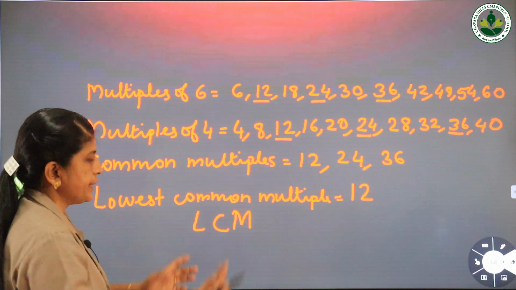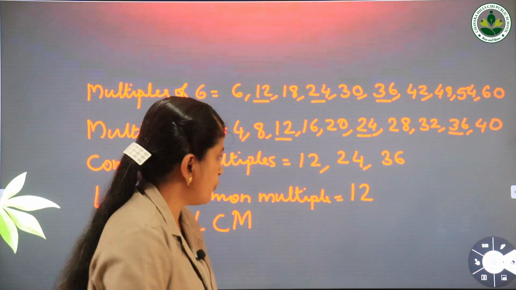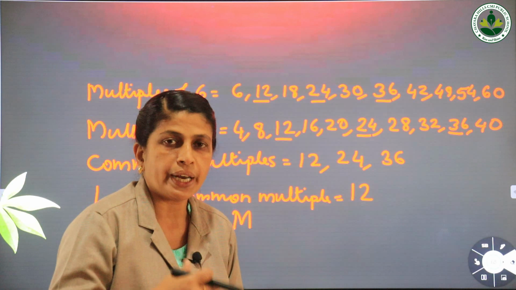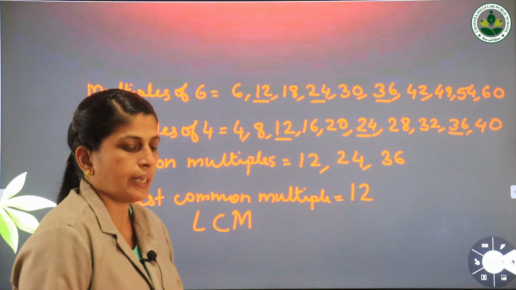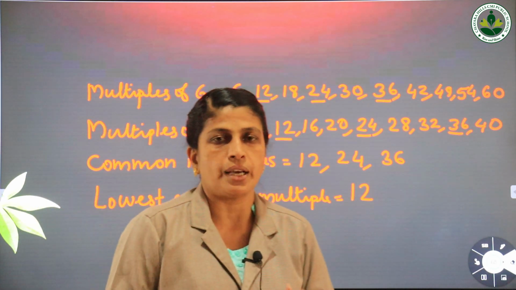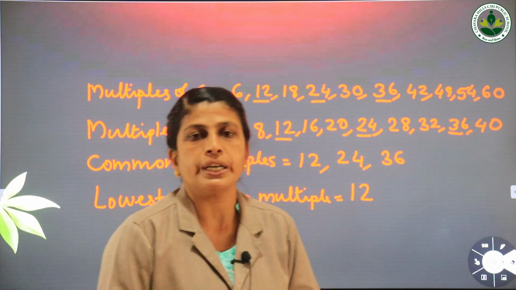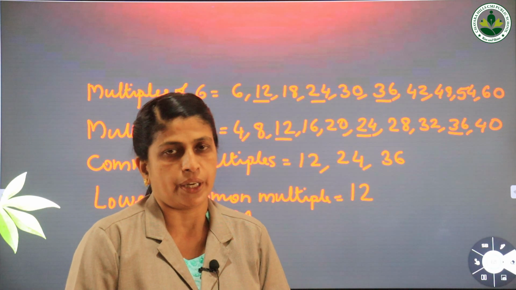In the next class we will learn how to find the LCM. That topic you need in higher classes also. First, to find the LCM, you need to know what is a multiple of a number.